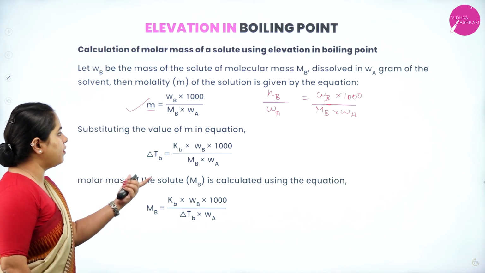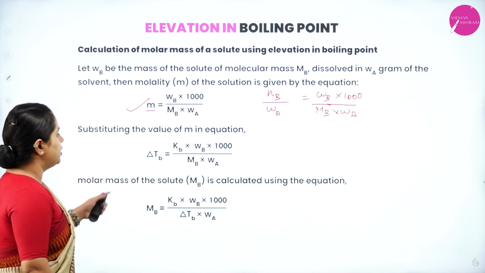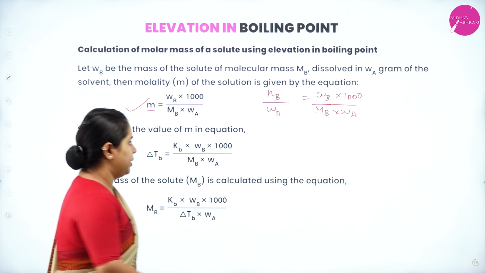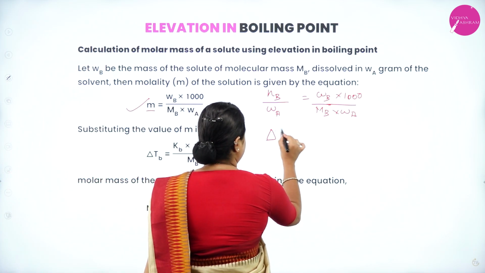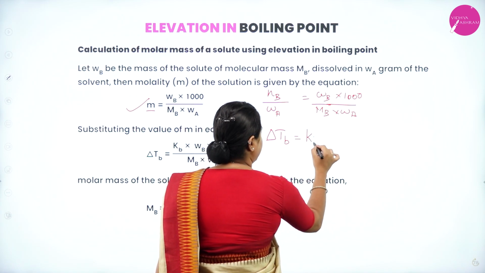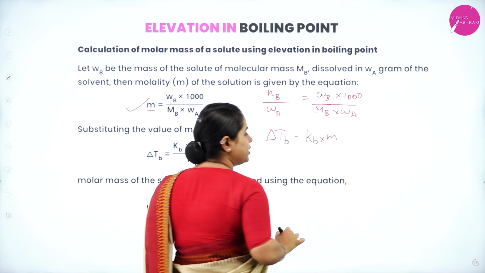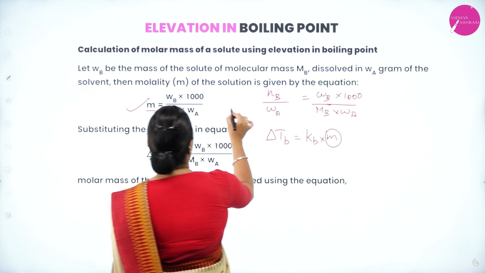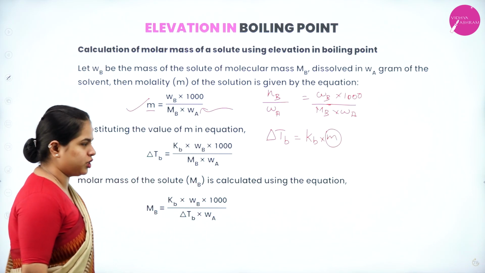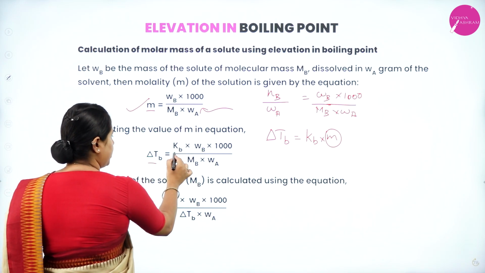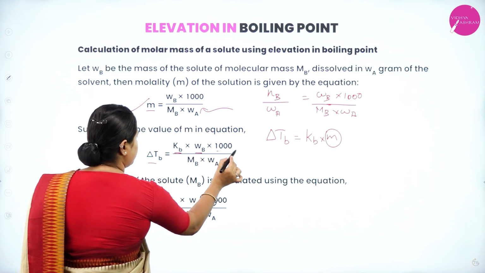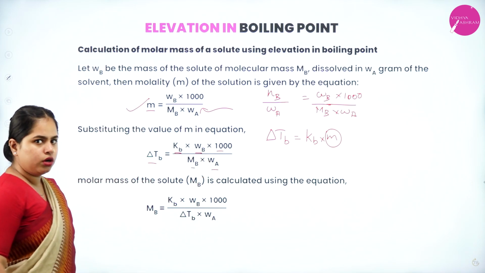Now we substitute the value of m in the equation delta Tb is equal to Kb into m, which is the equation for elevation in boiling point. Instead of m, we substitute this particular equation. So delta Tb is equal to Kb into Wb into 1000 divided by Mb into Wa.